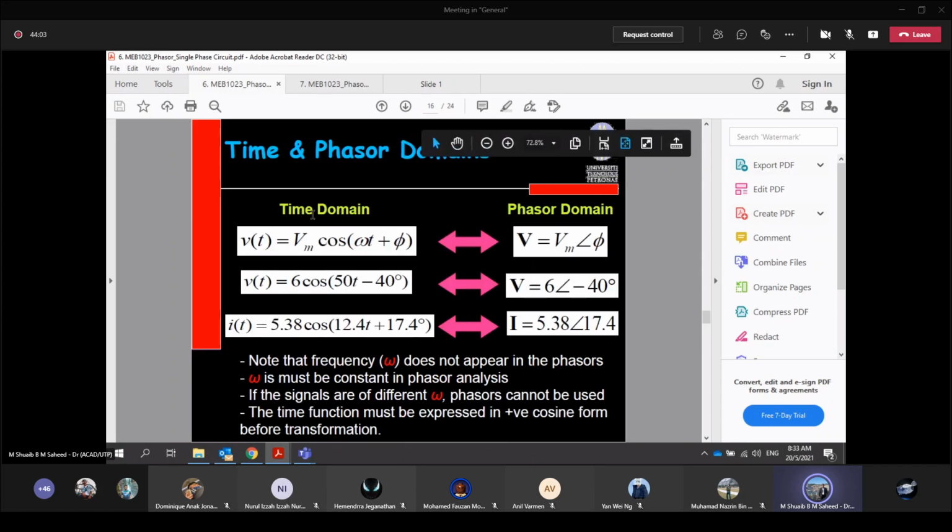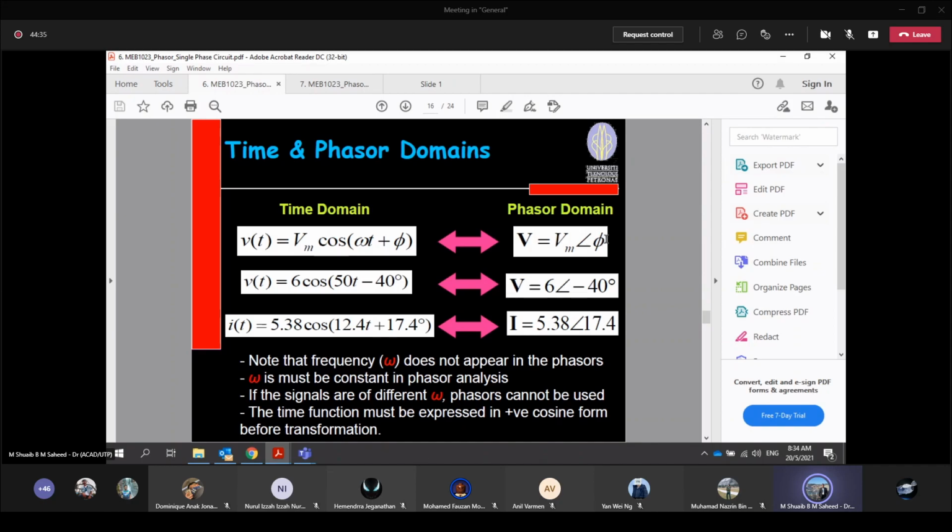Now we look into the time domain and the phasor domain. If you have something like Vm cos(omega t plus phi), this is the time domain. The voltage is dependent on time. If it is the phasor domain, it will only use the amplitude and the phase angle.